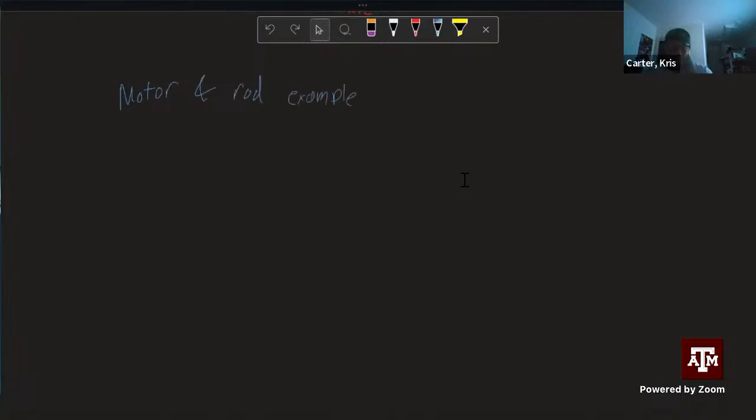So essentially, instead of a motor and rod, well, actually, no, I'm just going to keep it motor and rod because that's easier to draw.